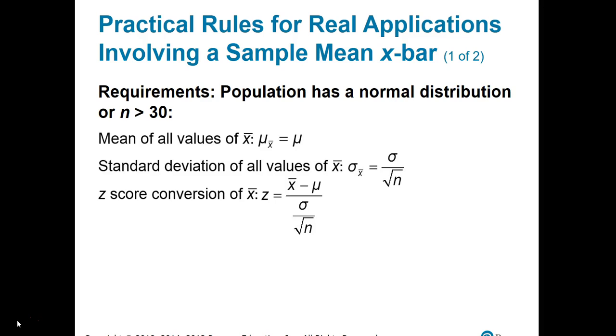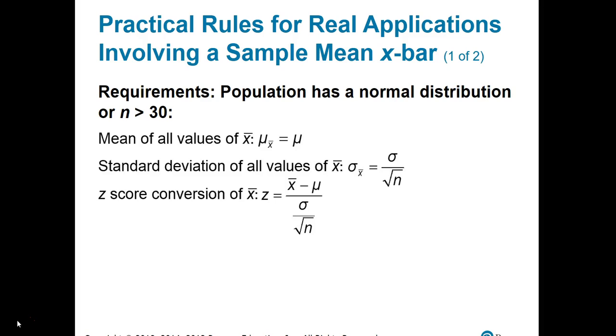Now, when we have this condition met, then the mean of all of our means, mu of x bar, is going to equal mu. The standard deviation of all values of x bar, sigma sub x bar, is going to equal sigma divided by the square root of n.